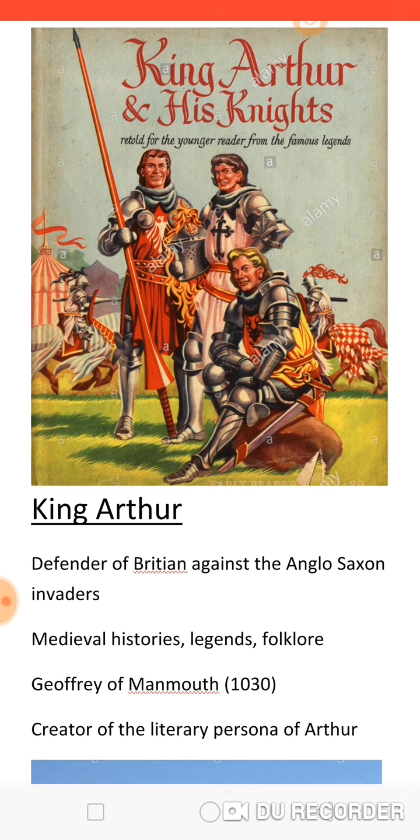While some say that King Arthur is not a real character but a fictional character, or a person who was worshipped by Celts, and who defended Britain against Anglo-Saxon invaders. But there are many medieval histories, legends and folklore based on King Arthur, and it is a writer, Geoffrey of Monmouth, in the 1030s, who created a literary persona of Arthur, and there are many books written about him.